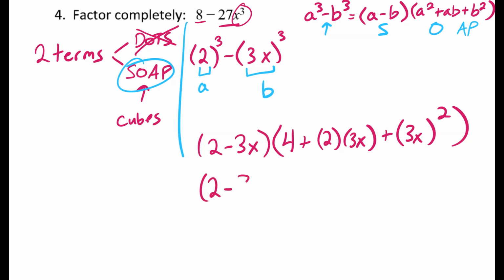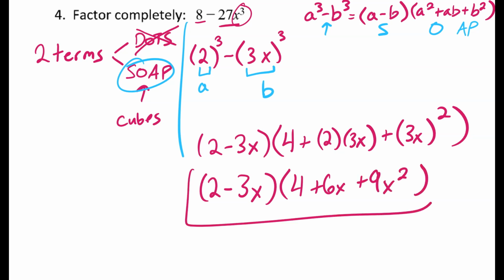If I simplify a little bit, I'm left with 2 minus 3x times 4 plus 6x plus 9x squared. Once you're done using your cubes formula, unless you have a GCF in this first binomial here, this trinomial in the back will never be factorable.